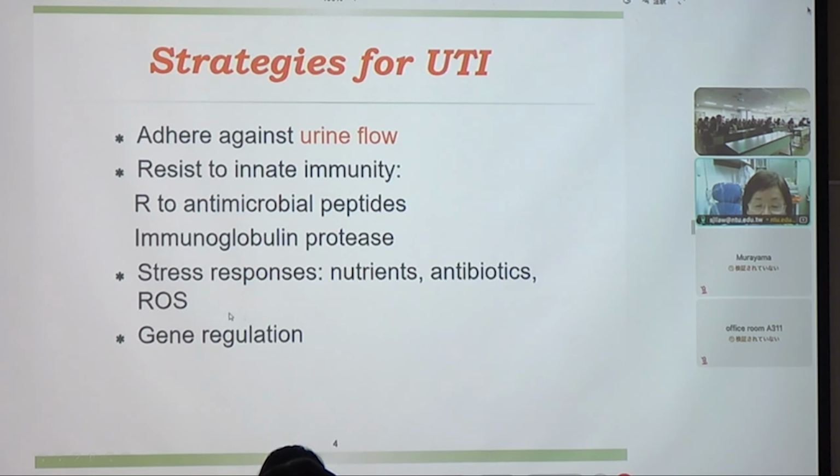And they also possess several stress response mechanisms to cope with nutrient deficiency and attack of antibiotics and reactive oxygen species. They also regulate the gene expression to make sure to express the right gene at the right time.